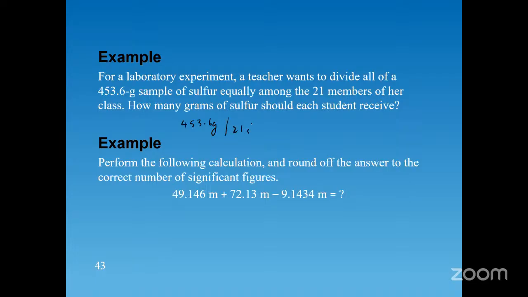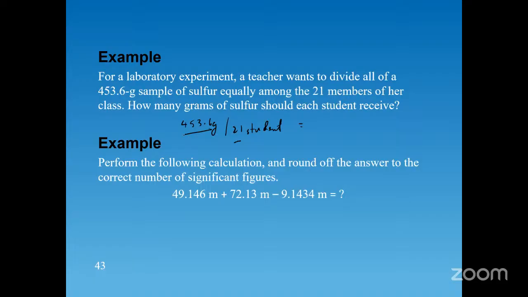Now, in order for us to round off our answer correctly, we firstly have to identify what type of numbers we're dealing with here. Are they measured numbers or exact numbers? Now, the 453.6, what type of number is that? Measured, because that's the mass of the sulfur. What about the 21 students? Exactly.